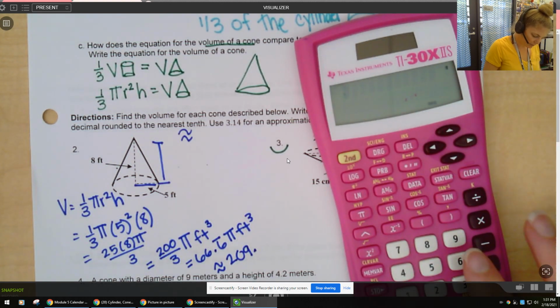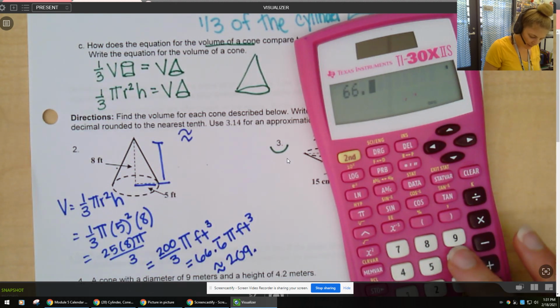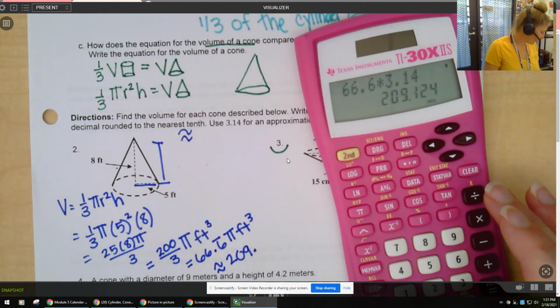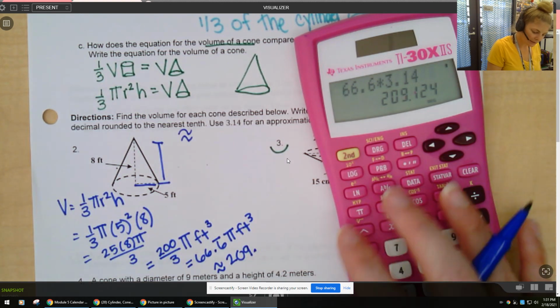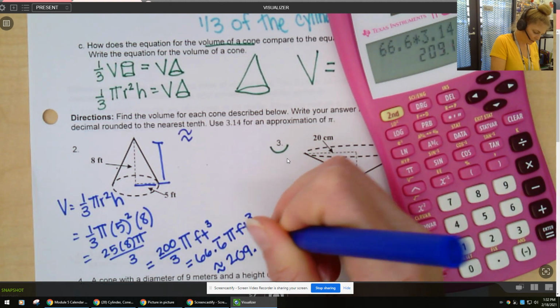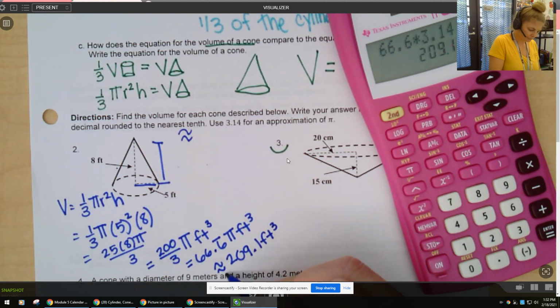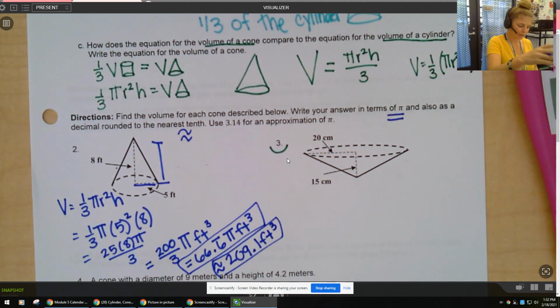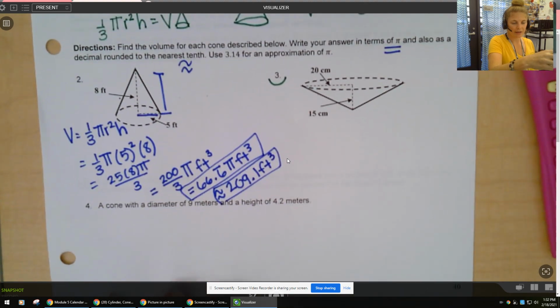Here, if we do 66.6 times 3.14, 209.124. Since we're rounding to the nearest tenth, we will put 209.1 feet cubed. So again, we have our approximate and our exact answer. The next one we're going to do together is number 4.